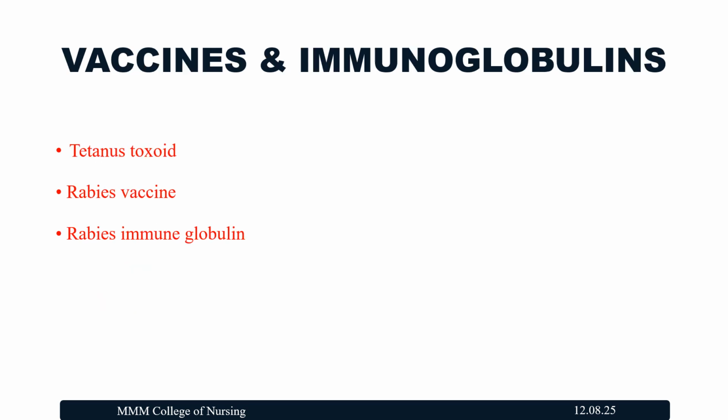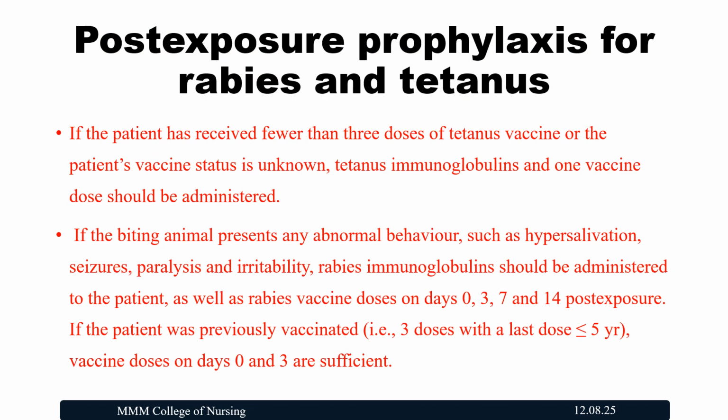Vaccines and immunoglobulins: tetanus toxoid, rabies vaccine, rabies immunoglobulin. These three we usually recommend for a person suffering from dog bite. Post-exposure prophylaxis for rabies and tetanus. If the patient has received fewer than 3 doses of tetanus vaccine or the tetanus vaccine status is unknown, tetanus immunoglobulin and 1 vaccine dose should be administered.